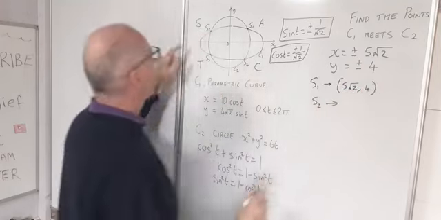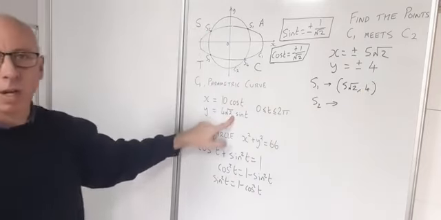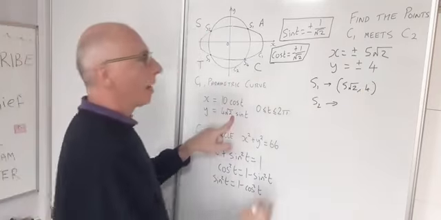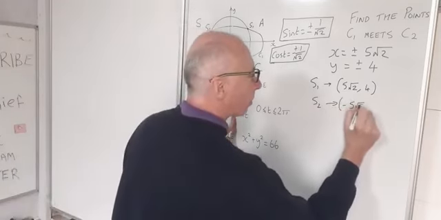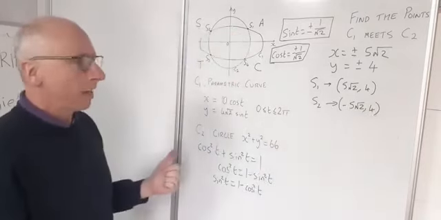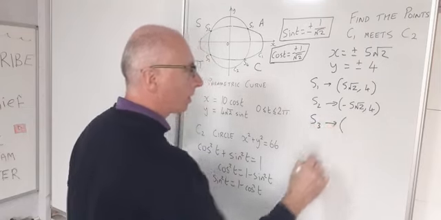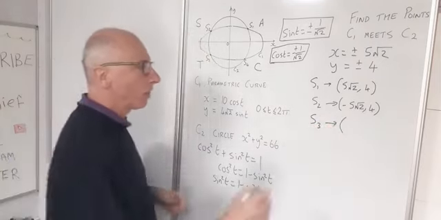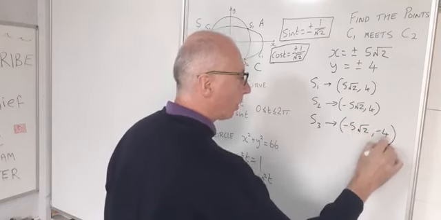S2, here my sine value is positive, so that means my y is going to be positive, therefore my x will be negative. So now I'm going to have minus 5 root 2 comma 4. Okay, so that takes care of that. Now S3, so they're all negative in here. So now I'm going to have minus 5 root 2 and minus 4.